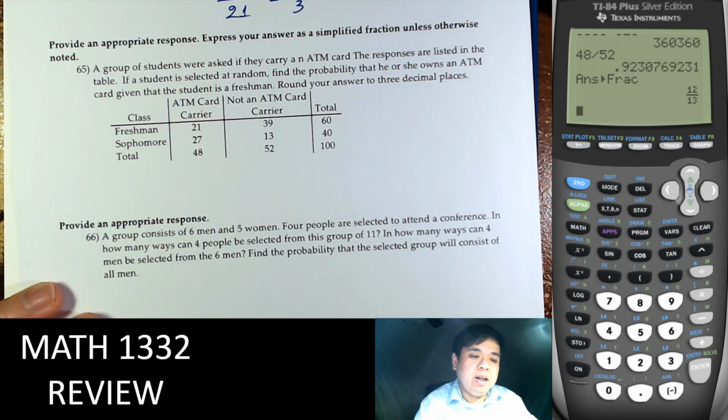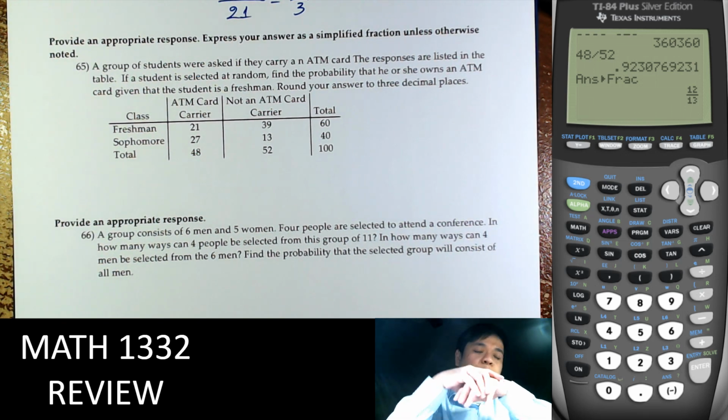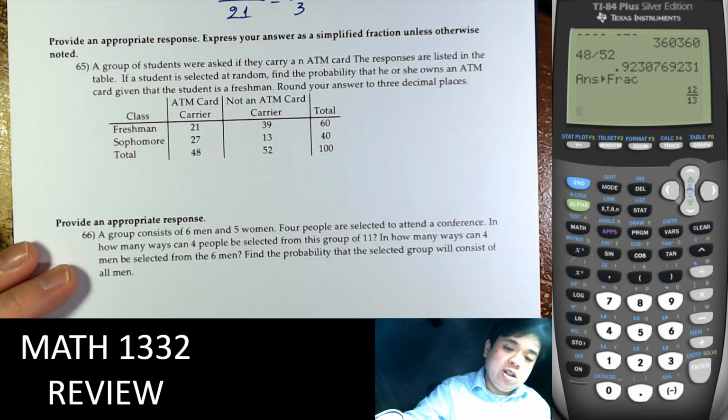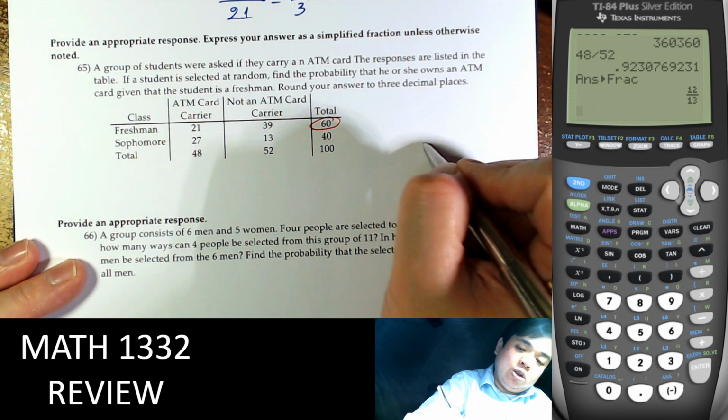Right. Next, a group of students were asked if they carry an ATM card, and we own the data here. Find the probability that he or she owns an ATM card, given that the student is a freshman. So we are given first that the student is a freshman, of 60, so that's the total of 60.